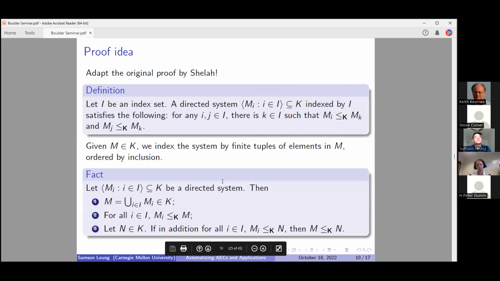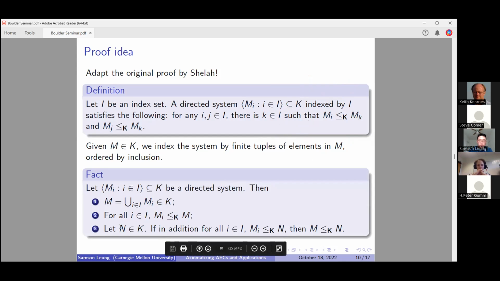You look at the axioms of AECs, and you can quickly prove by induction that for a directed system, assuming all the models in the system are inside K, the union is also inside K. The union is also the least upper bound of all the Mi's.